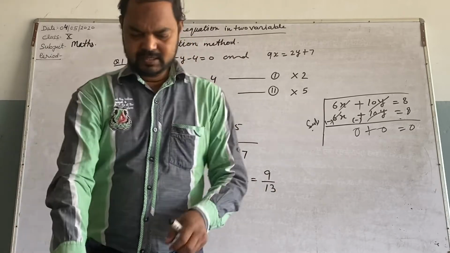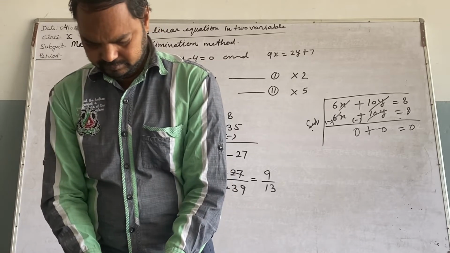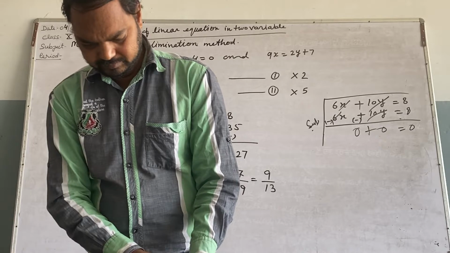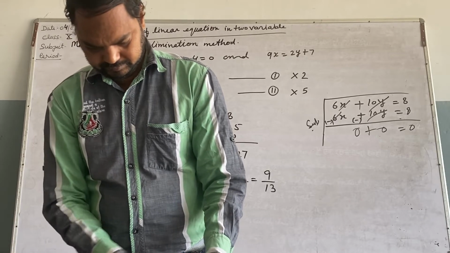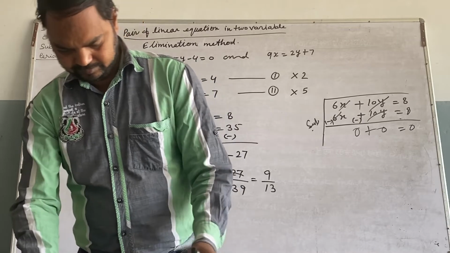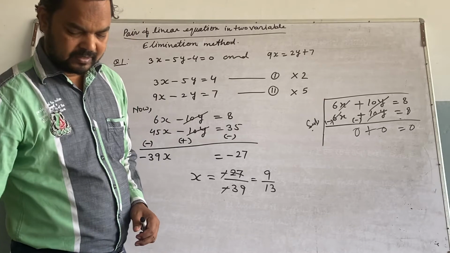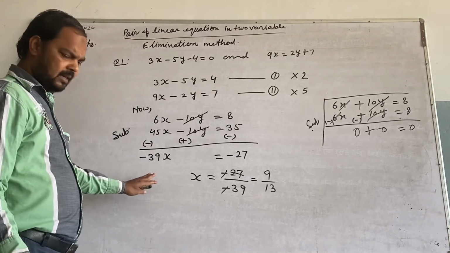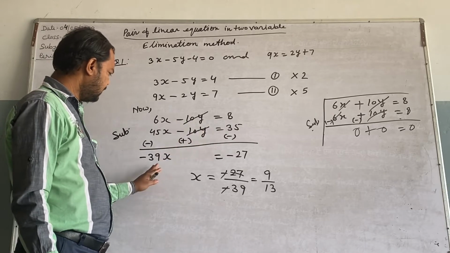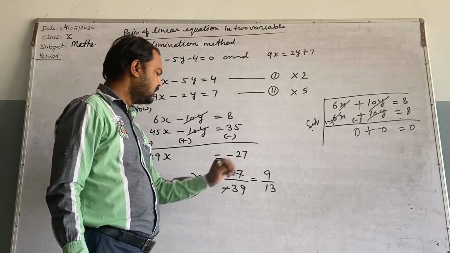So in this case, you will find that y is eliminated. By solving this we find that x equals 9 upon 13.